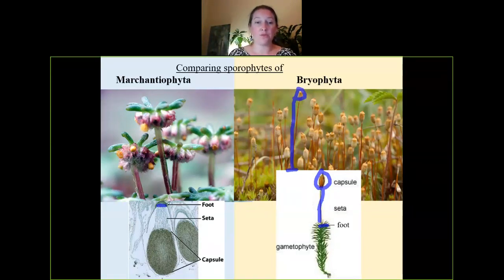So here is the foot, right? Because they're growing out from here. This yellow thing right there is a capsule. So they're growing from this orientation downwards underneath the arms of this archegoniophore.